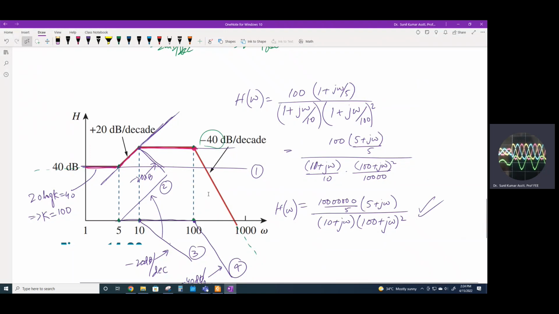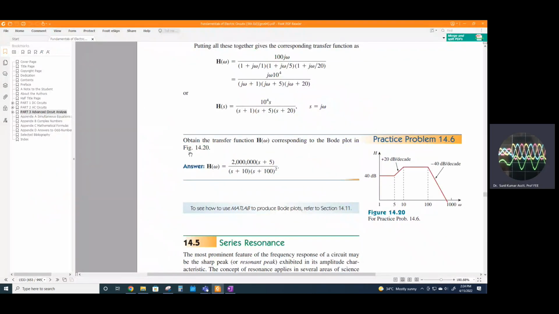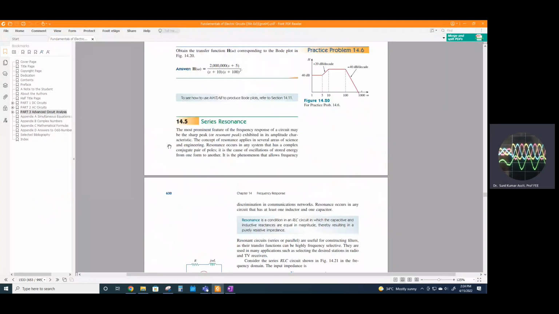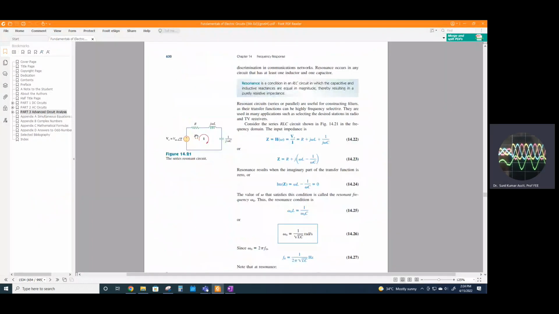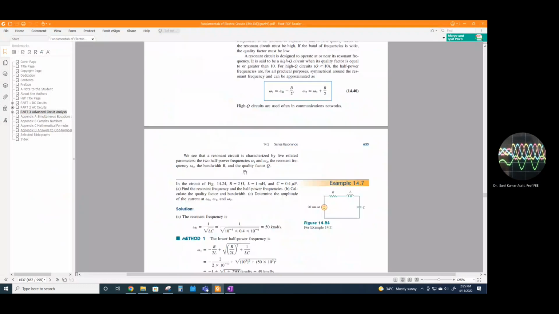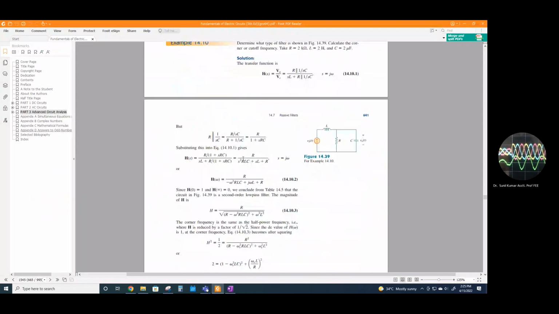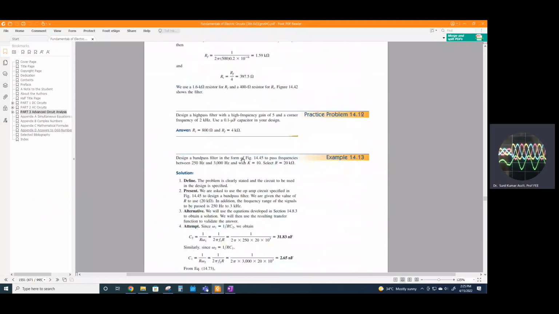So likewise, we can do some more examples. I will give you guys the related problems from this book for practice this weekend.